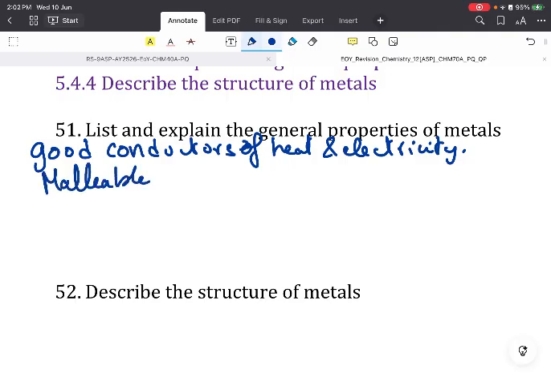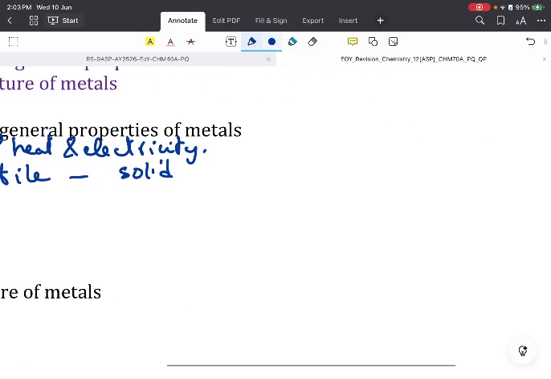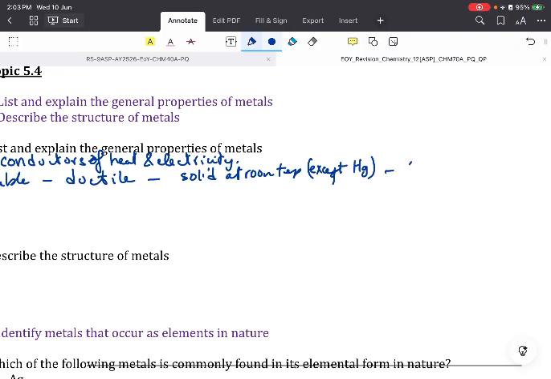Metals are malleable. Metals are ductile. Metals are solid at room temperature, except mercury. Metals are shiny.